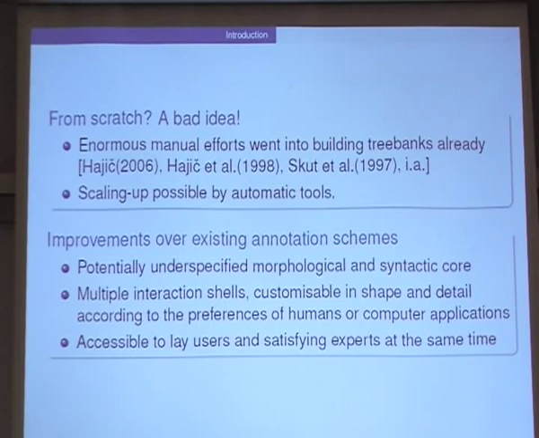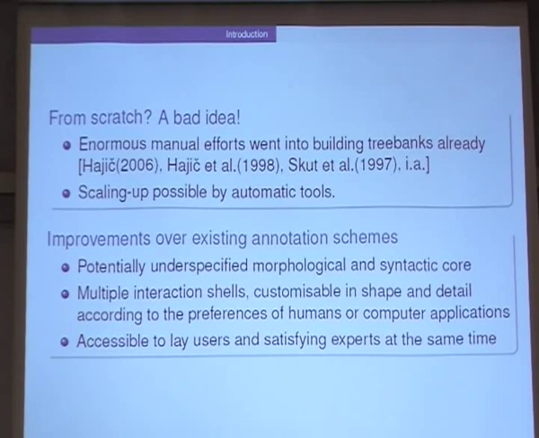And that's a very important point. The data in the tree bank should be accessible to lay users, and it should also satisfy experts as well. So these two important kinds of audience should exploit the results of our work.